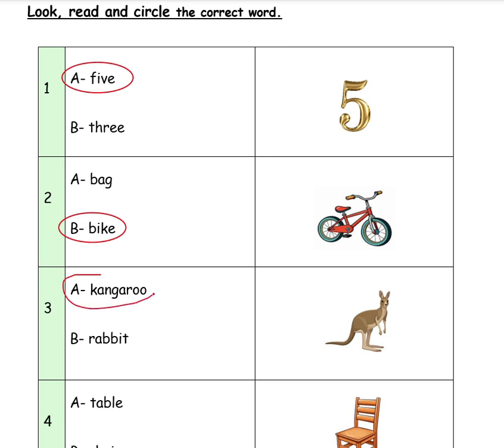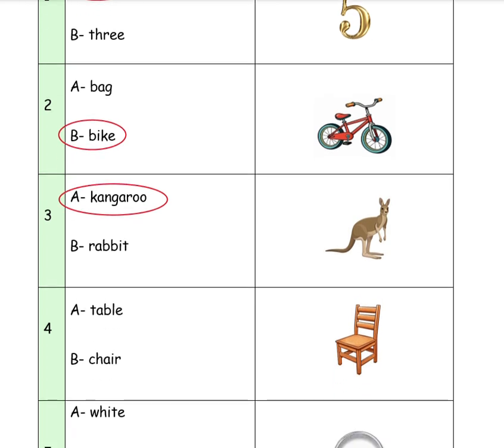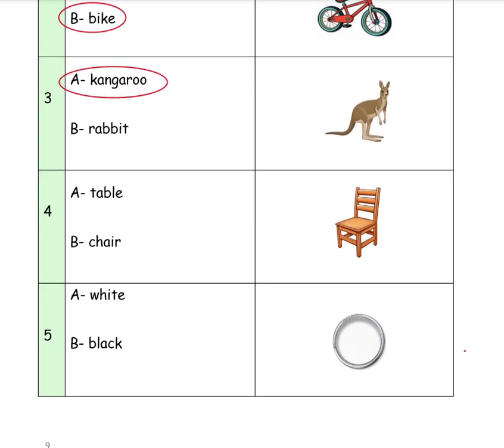So circle A. Now number 4, A table, B chair.